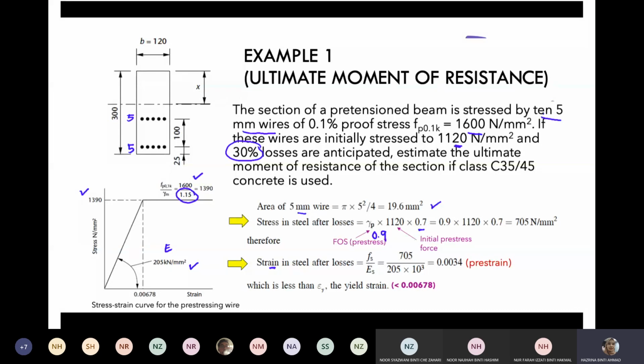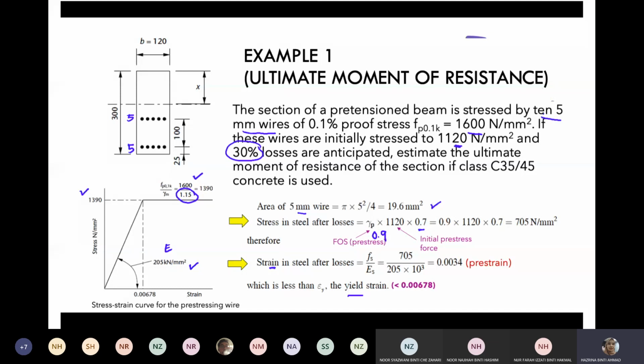So we have 705 divided by 205. Here the pre-strain value is equal to 0.0034. This value of the strain in the steel after losses has to be compared with the yield strain of our reinforcement.